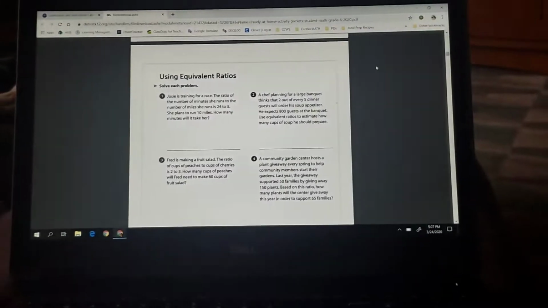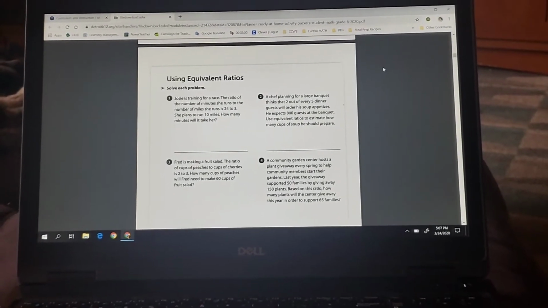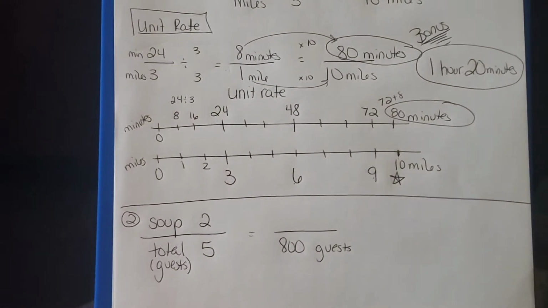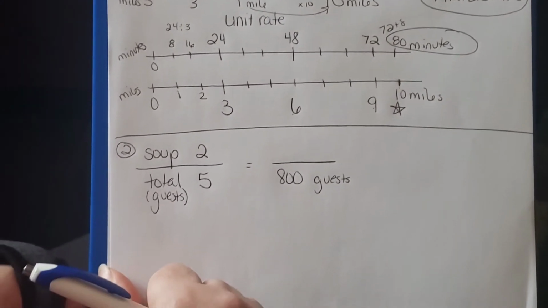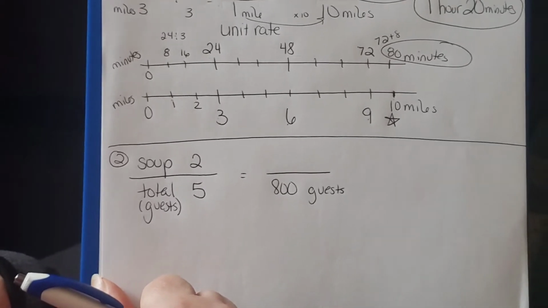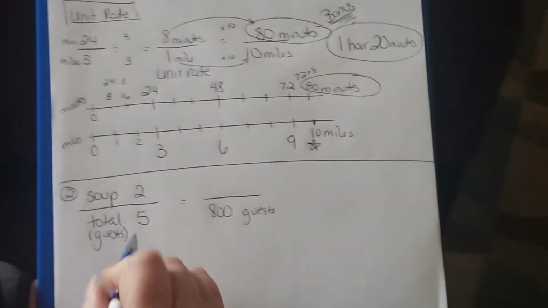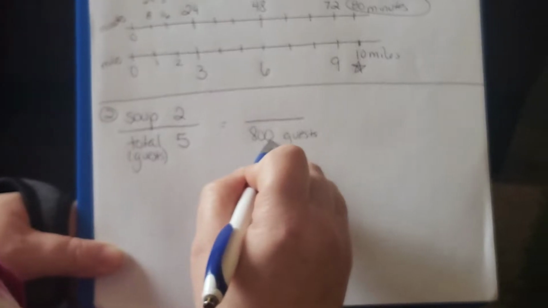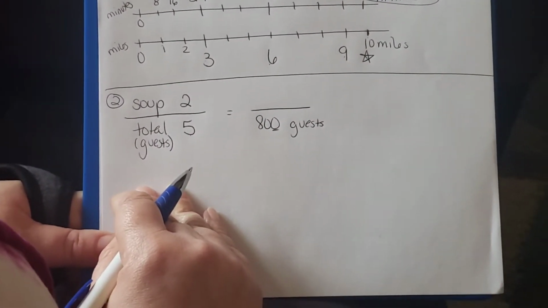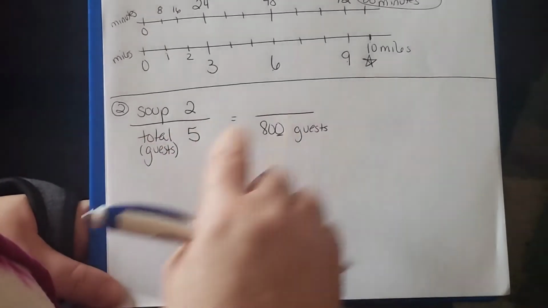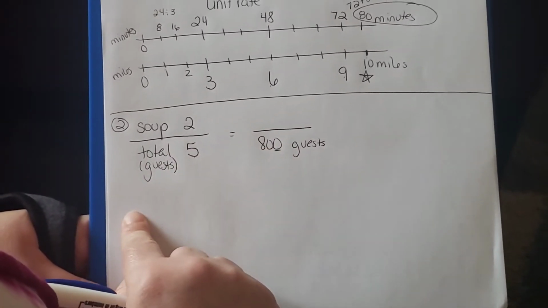How much soup? Now drawing a double number line because we're jumping so big from 5 to 800 isn't very practical. So I think some multiplication might be more of the regular one. All numbers that end in 0 are divisible by 5. So I could figure out how much we're jumping.